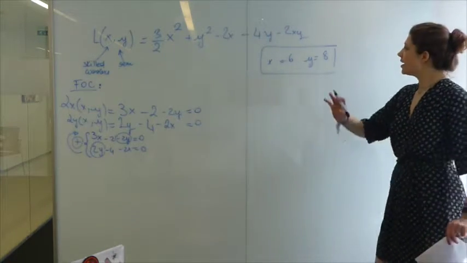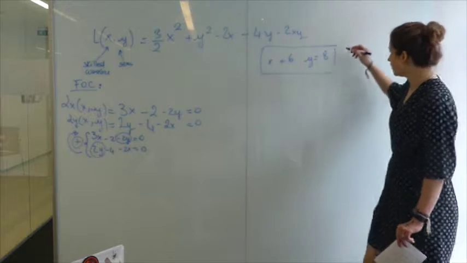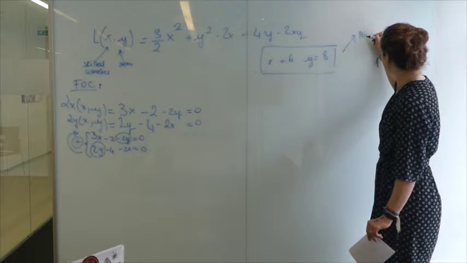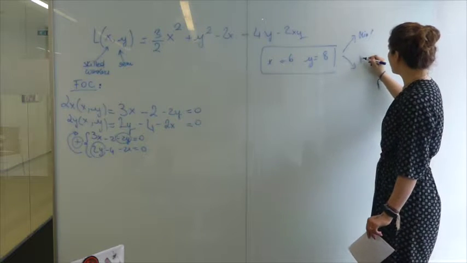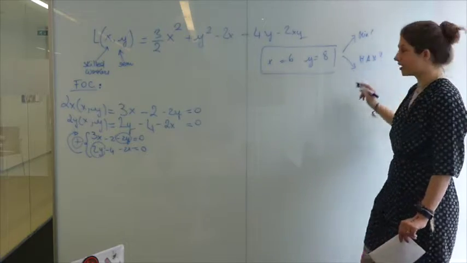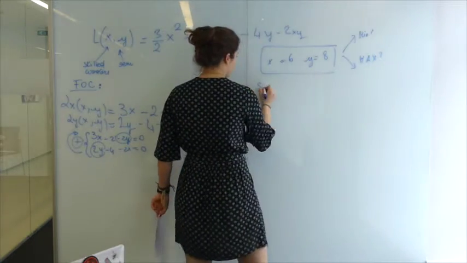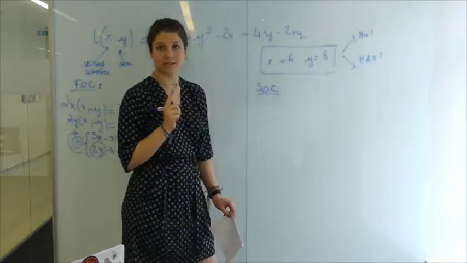So to know if those 2 points are the minimum or the maximum, we should use the second order condition using the Hessian matrix method.